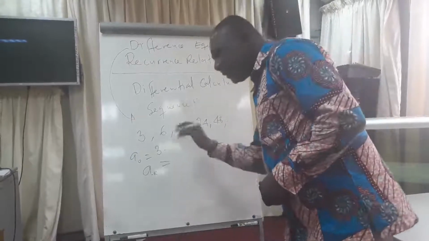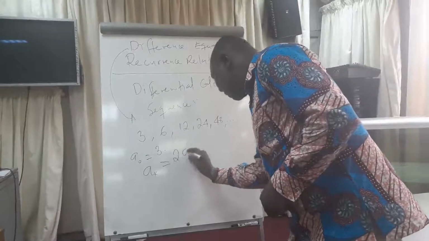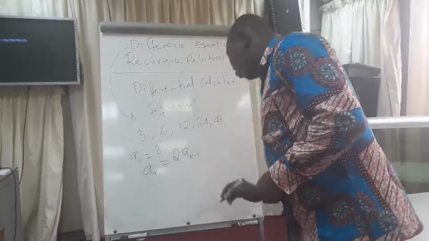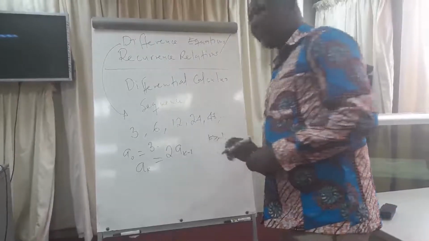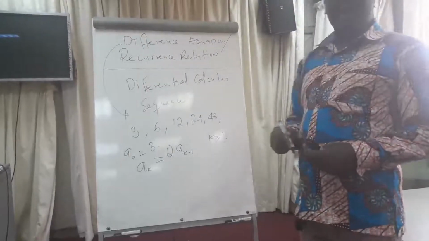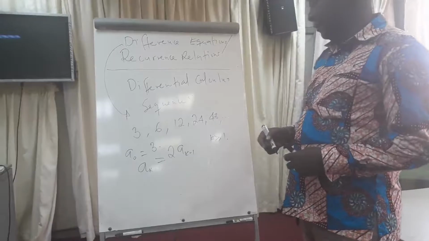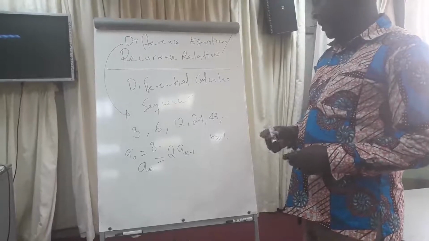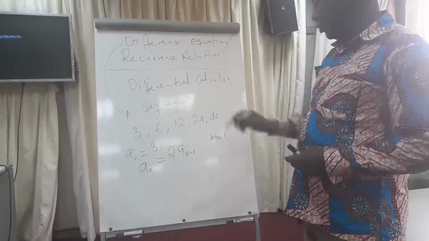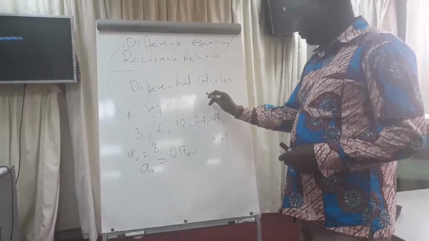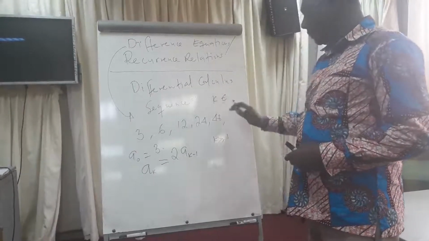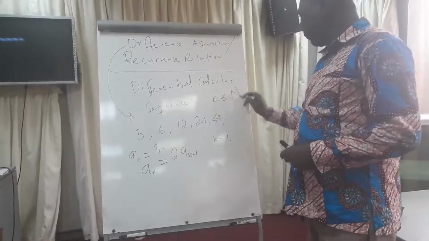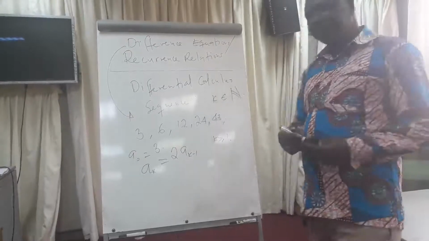And so we can write it as a_k equals 2a_{k-1}, where k is greater than or equal to 1. So k is a natural number, that is, k belongs to the set of natural numbers.